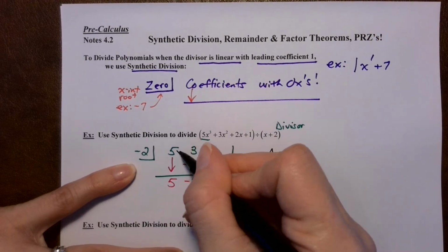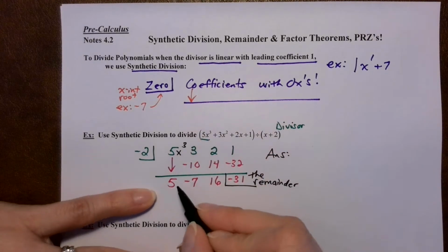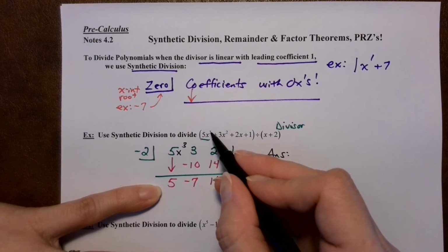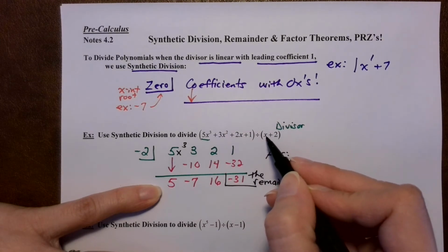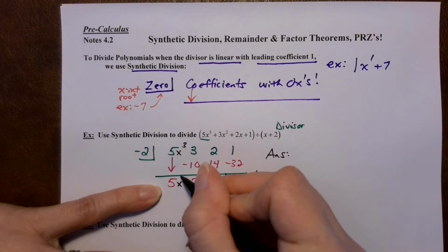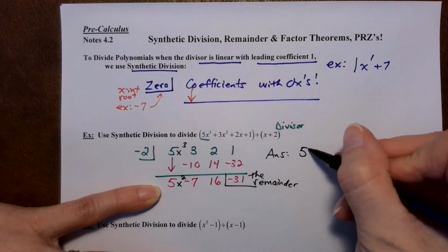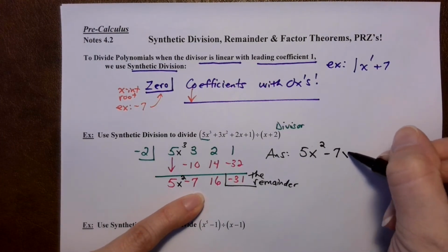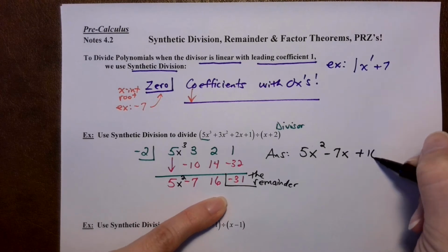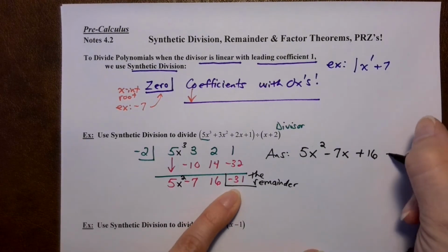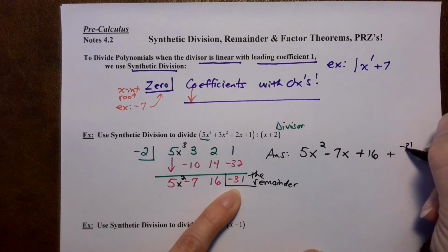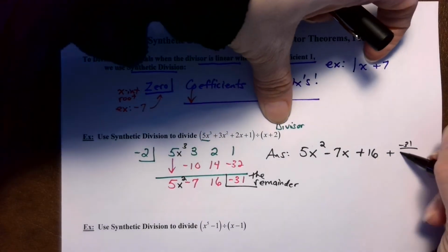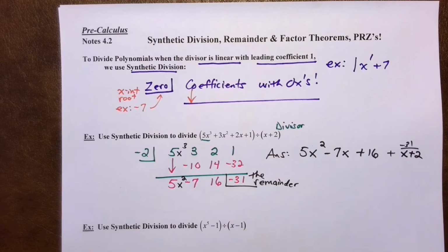This was x to the third, so my answer is going to be 1 degree less. 5x to the third got divided by an x, so this is going to be x to the second. 5x squared minus 7x plus 16. Then I'll take that remainder, -31, and we always put the remainder over the divisor, which would be x plus 2.